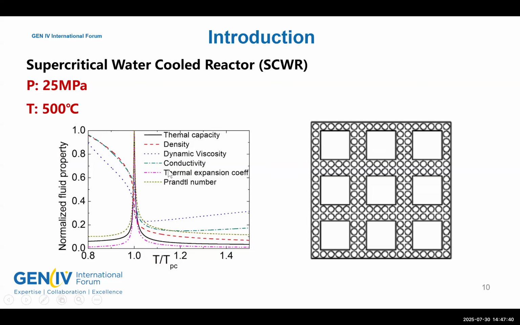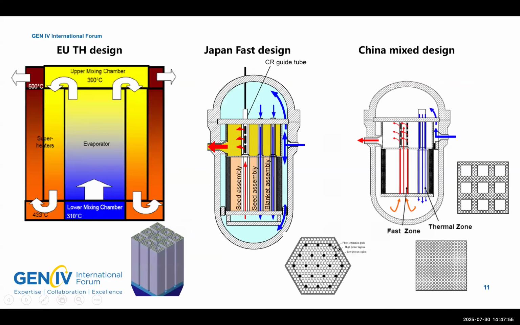You will see this very sharp variation of the properties. And at that time, we need the moderator channels in the fuel assemblies. In the next slides, I will show you the different core designs and conceptual designs, three kinds of designs.